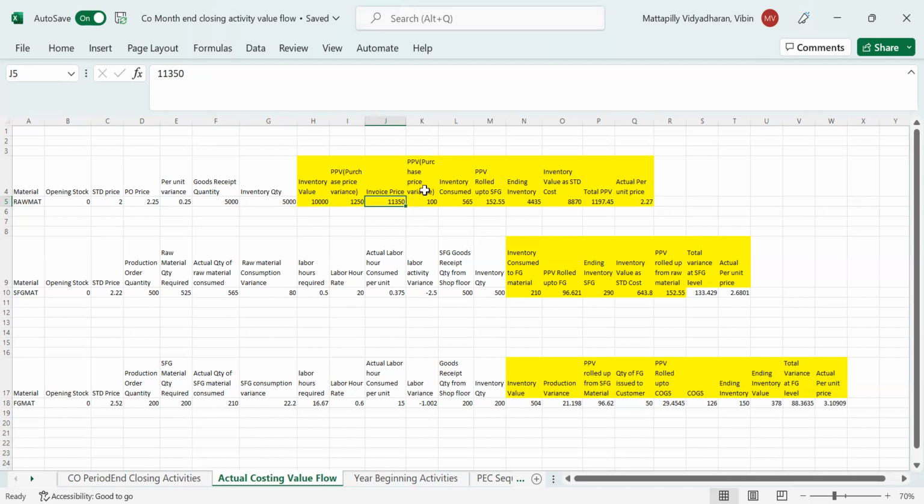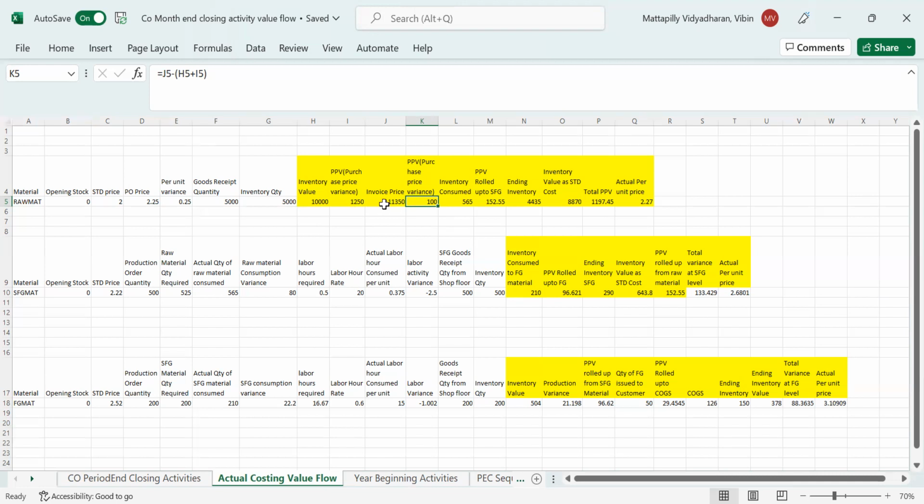They raise a vendor invoice, and then again there will be 100 rupees purchase price variance in the accounting entry of inventory invoicing, because you have received goods of total 10,000 plus 1,250.